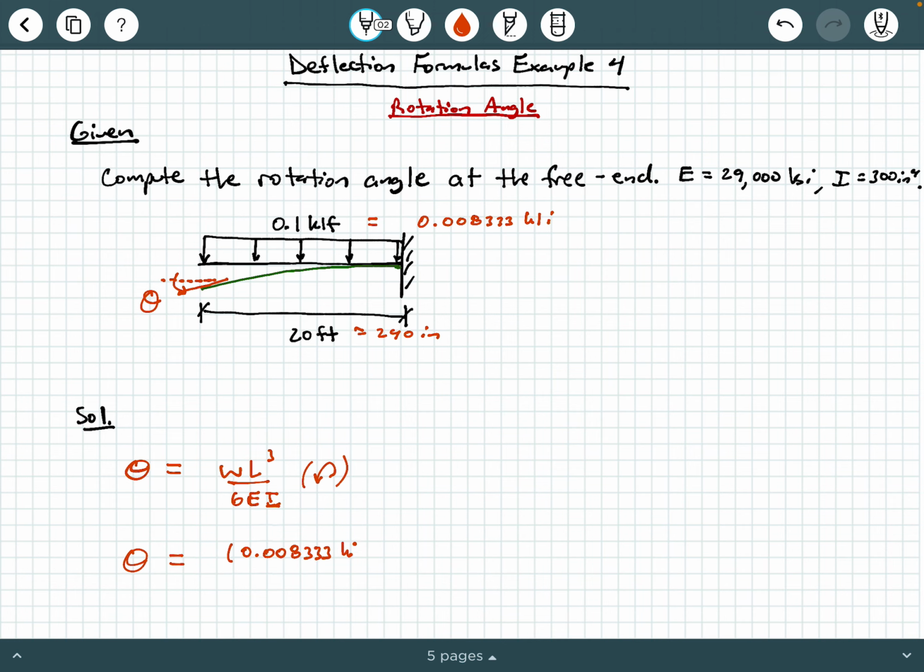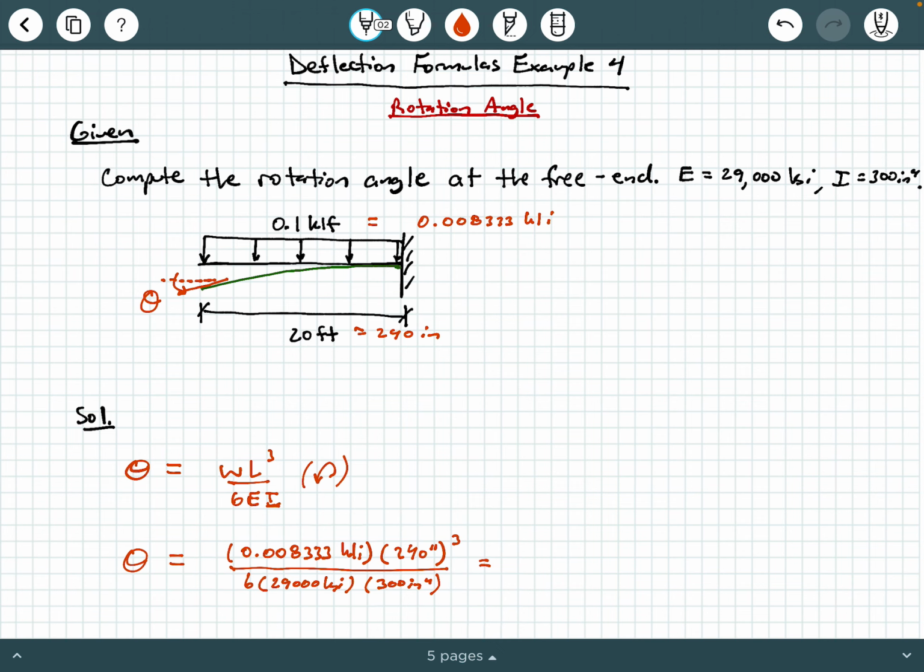So we're going to say 0.008333 KLI times 240 inches to the third power, and then we're going to divide that by 6 times 29,000 KSI times 300 inches to the fourth. And if I punch all of this through, let's see what we get. 240 raised to the third power times 0.008333.